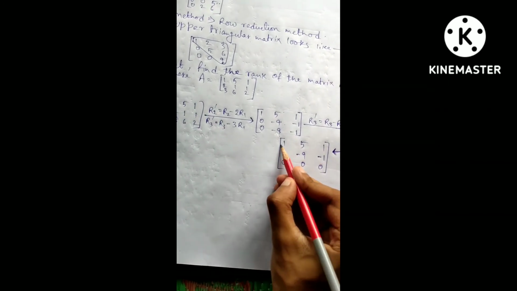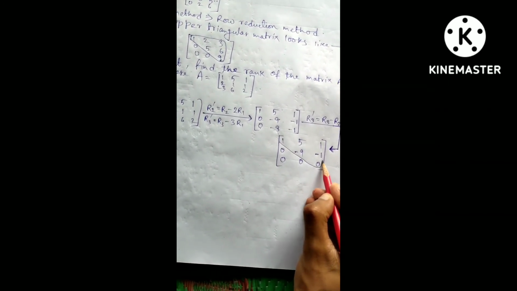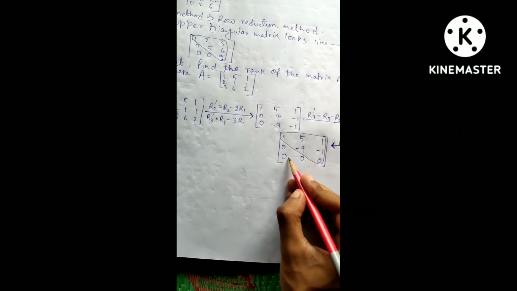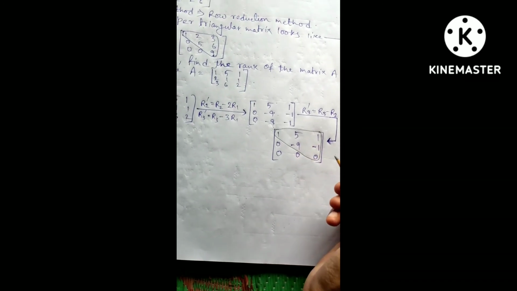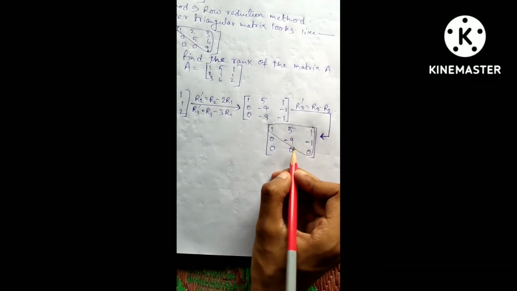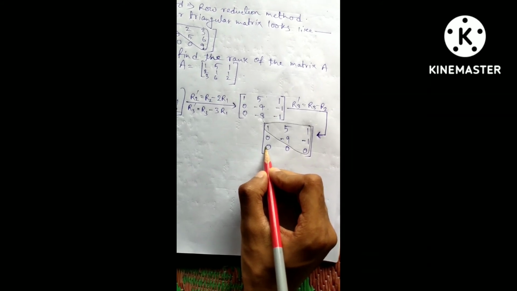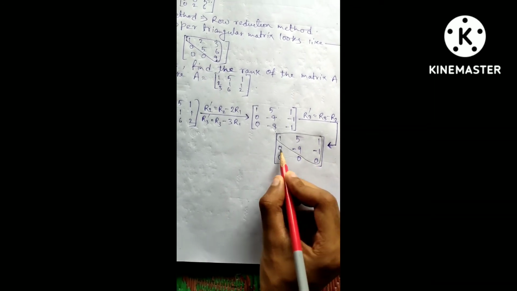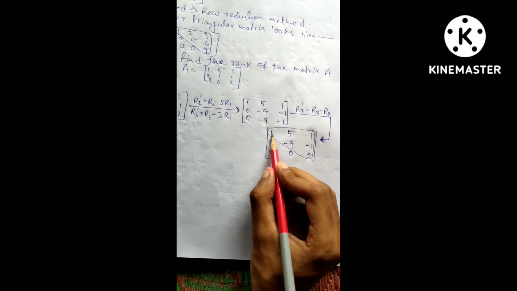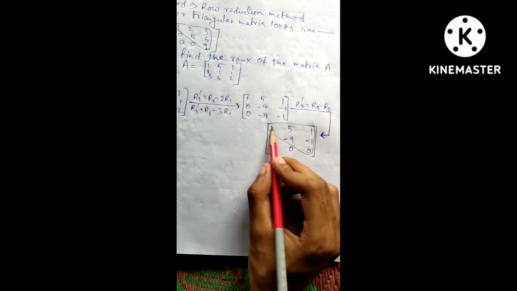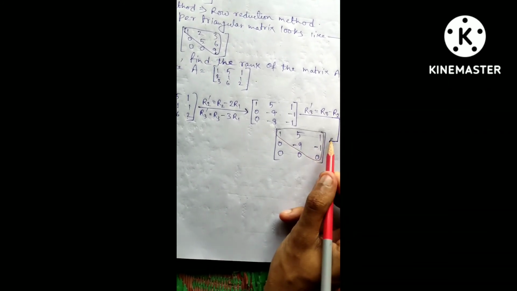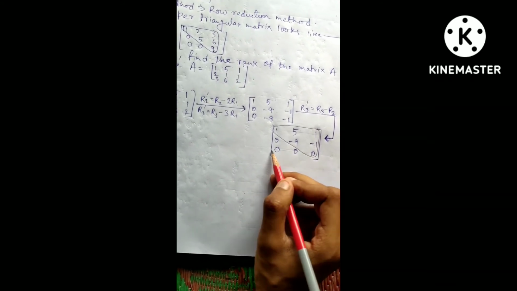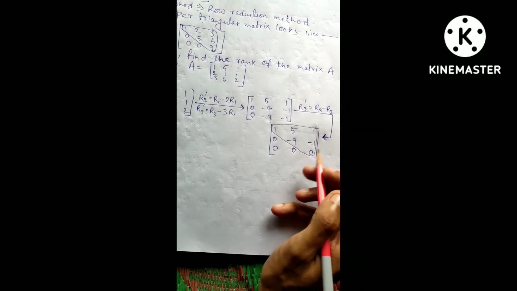That means it is an upper triangular matrix, because all the elements above the diagonal are non-zero, but it has one 0 row and two non-zero rows. This row has non-zero elements, this row has two non-zero elements, and this row is a 0 row. It is not a non-zero row.